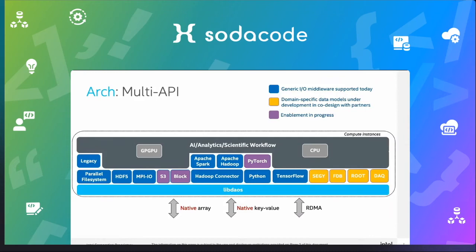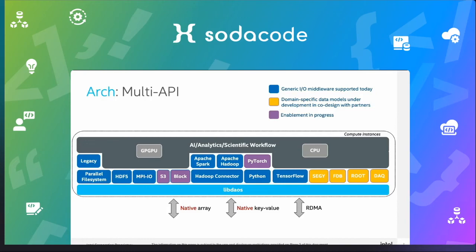It also supports distributed transactions that are serializable to guarantee that the data model implemented by the I/O middleware is always consistent. The DAOS transaction offers database semantics and will allow us to support SQL over DAOS. libDAOS is also very extensible, and new types of objects can easily be added in the future if needed.